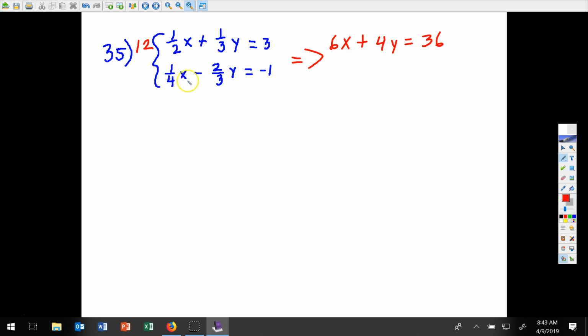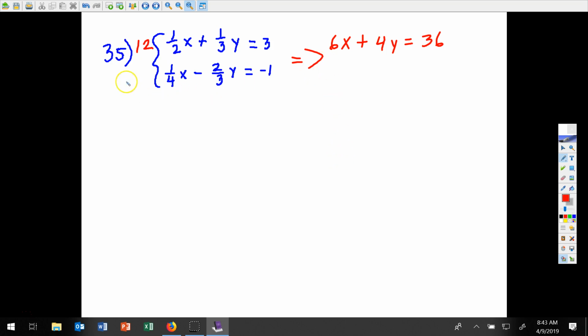Which would be easier to turn? Would it be easier to turn 1/4 X into 6X with multiplication, or 2/3 Y into 4Y with multiplication? Can you think of something that we can multiply or divide 4 into to give us 6X? 4 into something equals 6.